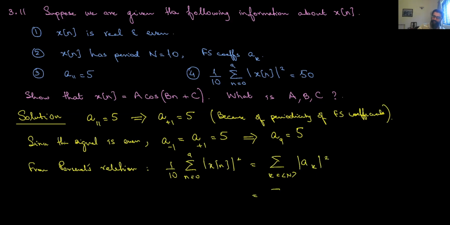Let me just take it from k equals 0 to 9. And what do I have on the left hand side? This thing here is 50. It was given to me.